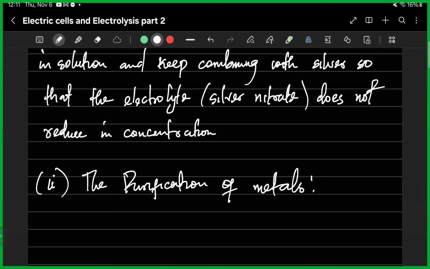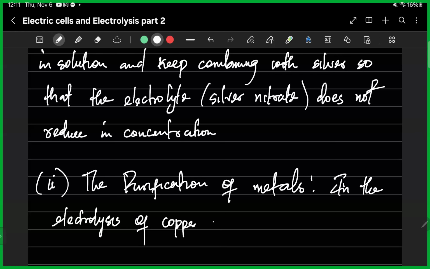Purification of metals. Let's see the electrolysis of copper sulfate using copper electrodes.